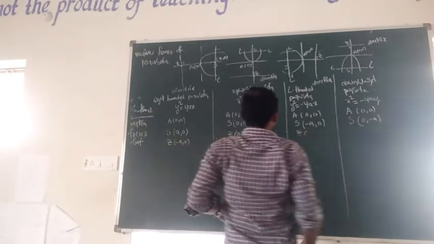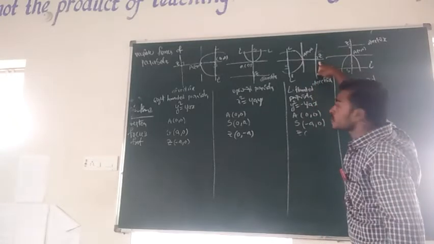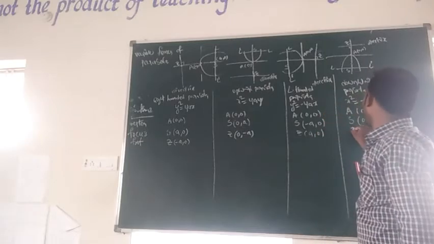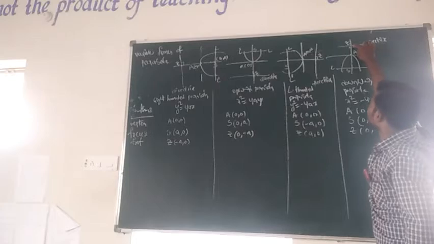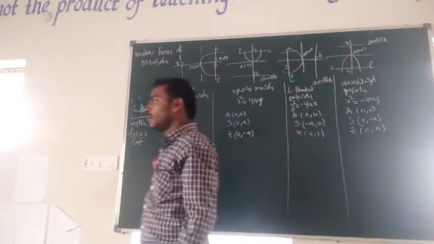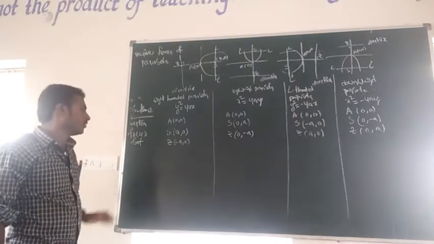On the positive side we take a comma 0, and here also 0 comma a. Why? Because the foot lies on the positive side of the y-axis. Clear? Now we have the vertex, focus and foot.